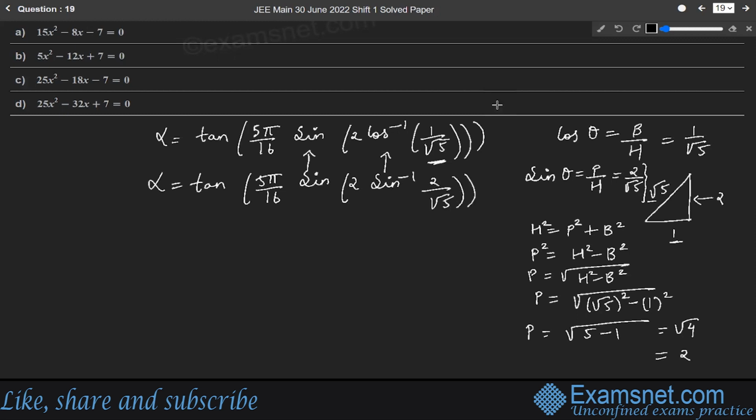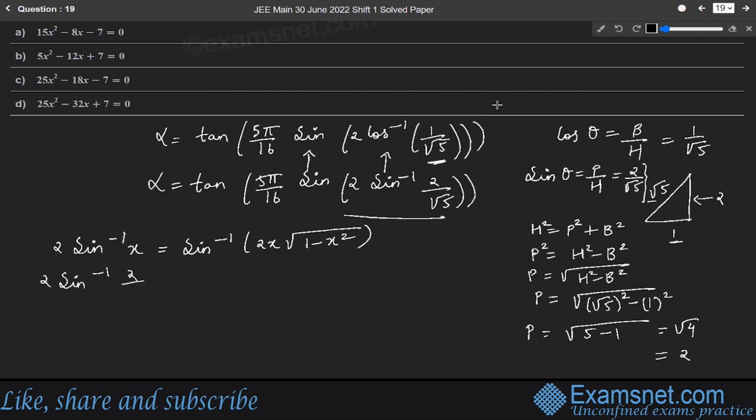Now you can see that this expression is in the form of 2 sine inverse x. So here we have to use a formula, and the formula is for 2 sine inverse x. Do you know what is the formula for 2 sine inverse x? It is sine inverse of 2x into under root of 1 minus x square. So first let us simplify this value, which is 2 sine inverse 2 by root 5.